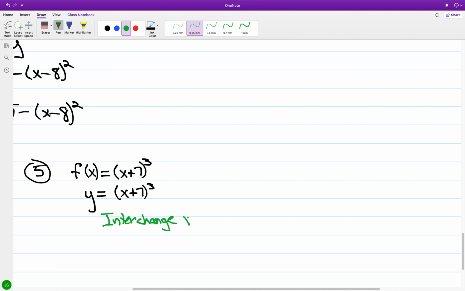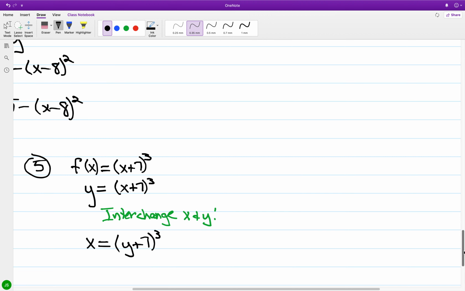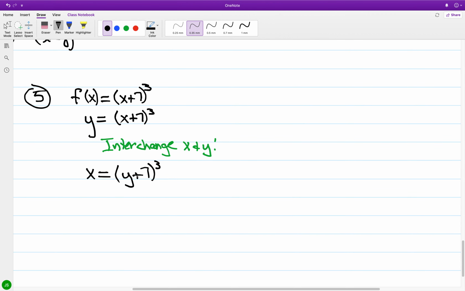So interchanging x and y, in the rewrite, we have that x is equal to the cube of the quantity of y plus 7. And going from y plus 7 cubed to just y plus 7, I'm going to take the cube root of both sides.